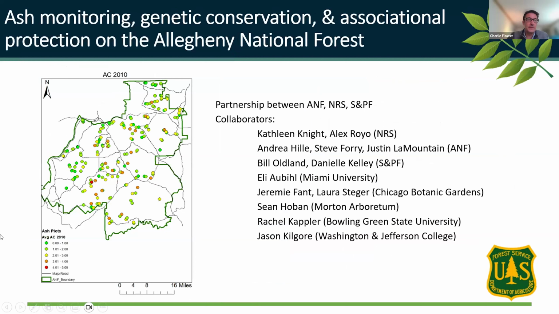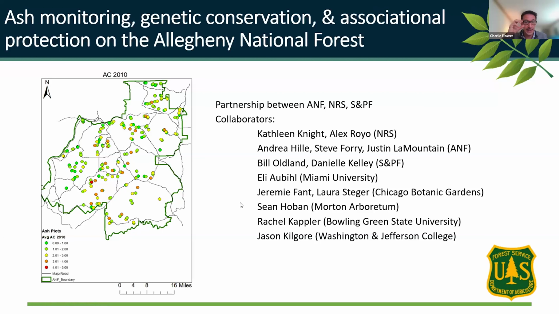So one of the places we've deployed this then at the landscape is on the Allegheny National Forest. We've got a big partnership there where we've deployed 182 permanent plots back in 2010. We looked at ash canopy condition of these sites, generally speaking, mixed initial canopy health.